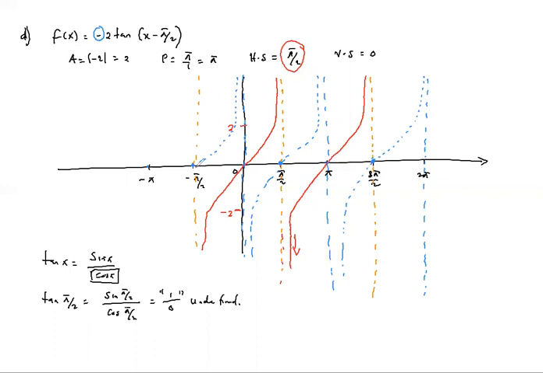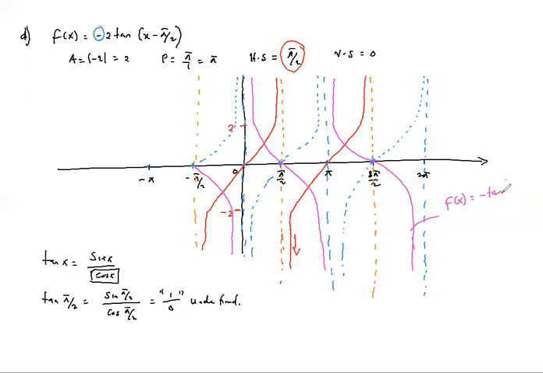So this graph is going to go this way, and that curve will also have to come from there to here, and the other graph will have to come from there to here.